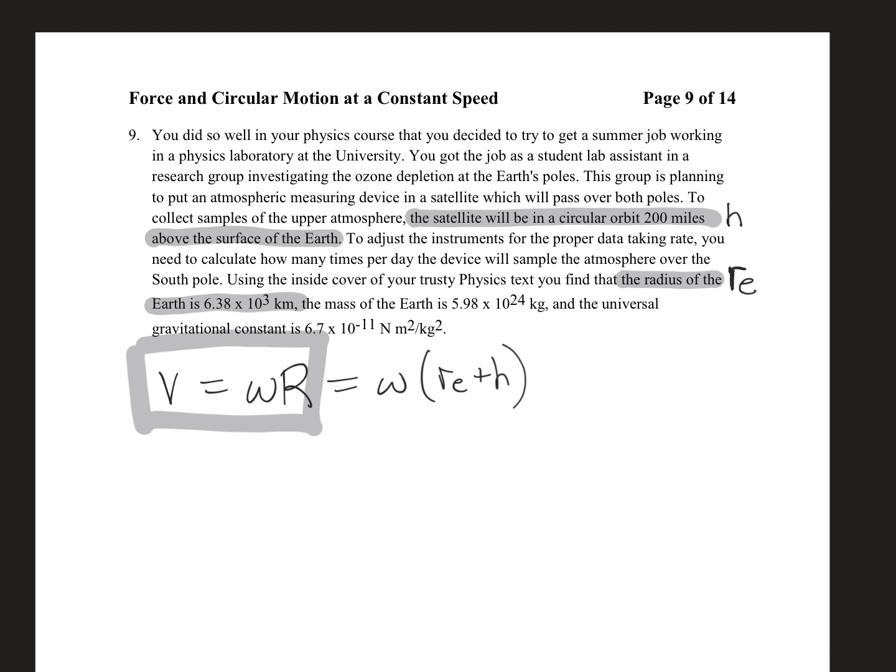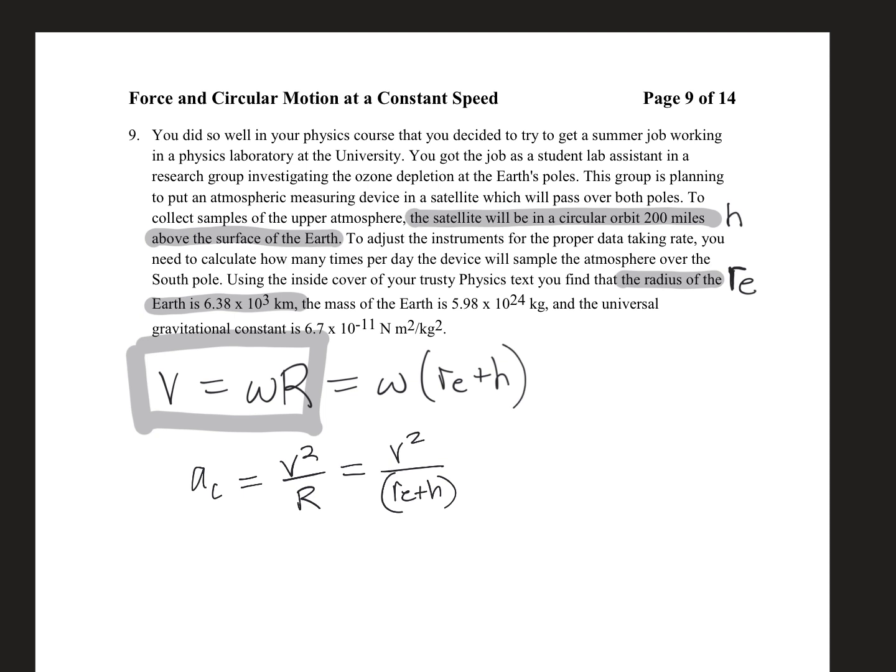All right, so we have this equation here. We know that centripetal acceleration is v squared over r, which means we're going to have v squared over, in our case, r is re plus h, okay?